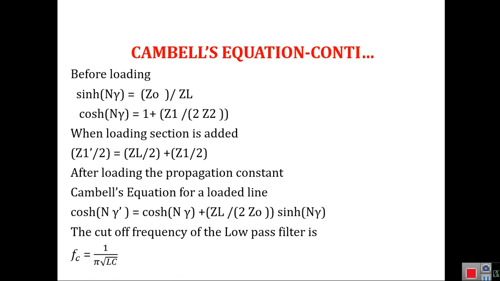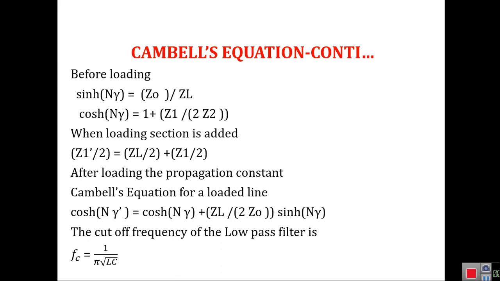After loading, Campbell's equation for a loaded line becomes cosh gamma dash, the propagation constant after loading, equal to cosh gamma before loading plus ZL by 2 Z0 into sinh gamma before loading. So this is Campbell's equation.